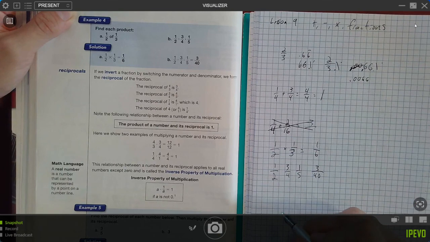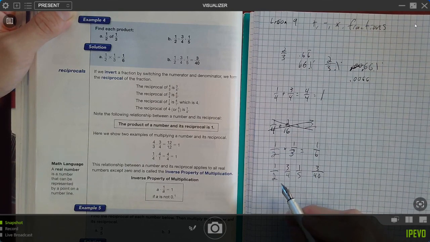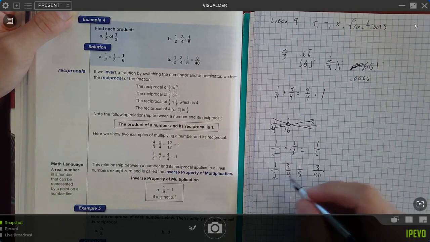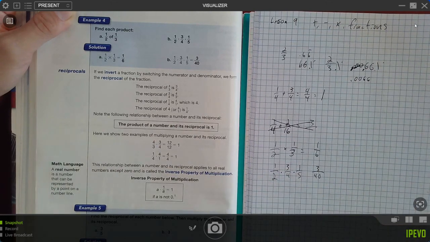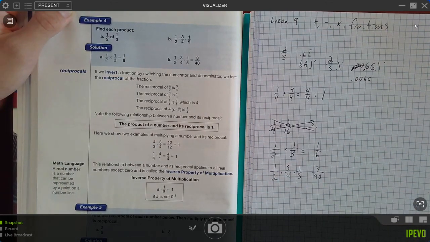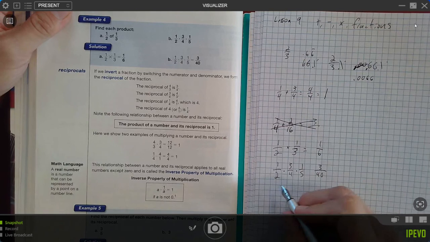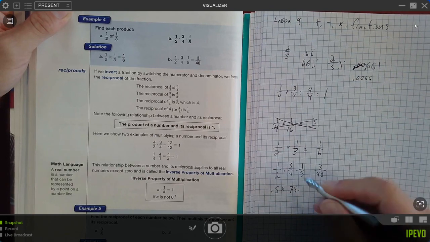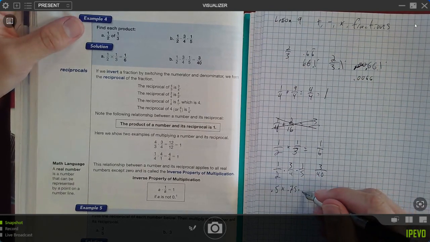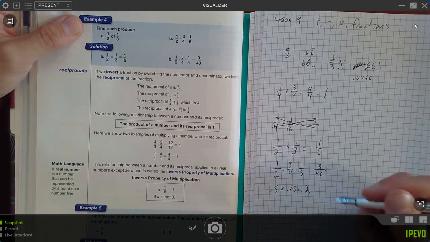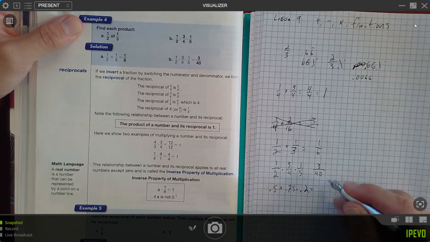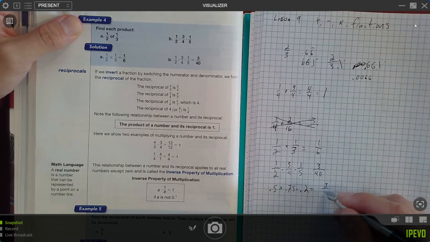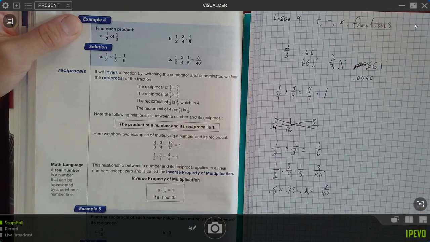Okay. And remember the commutative property of multiplication, I could do that in any order, okay, because they're all multiplication. This would be the same if you did 0.5 times 0.75 times 0.2. That would equal the same as 3 divided by 40. Okay.